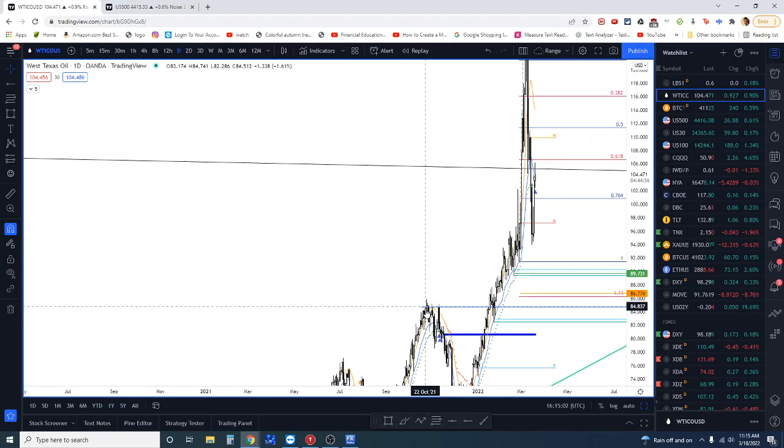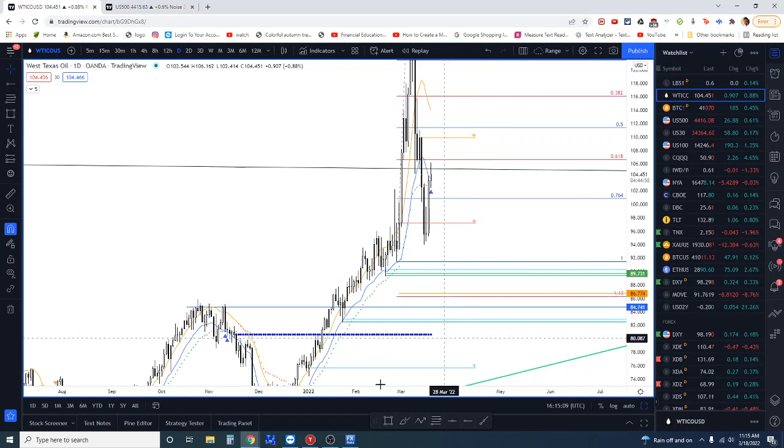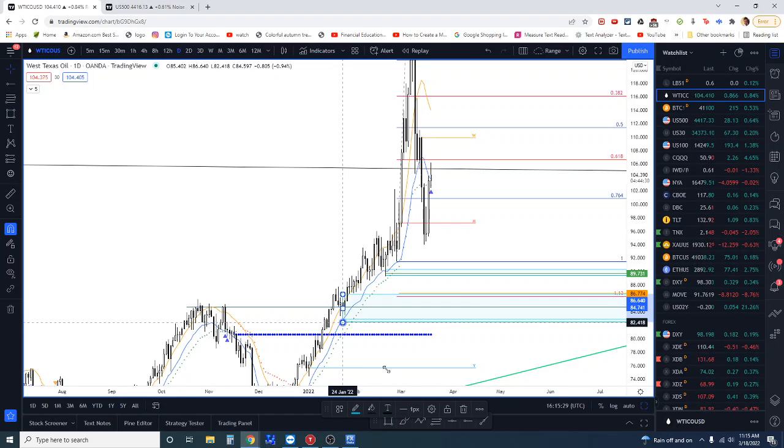So if we're doing the breaker, and this is the breaker, and this is the point of origin on the daily, let's go ahead and highlight the daily point of origin. I think it's this one, this retest. Yeah, it's this big black one. Right there.